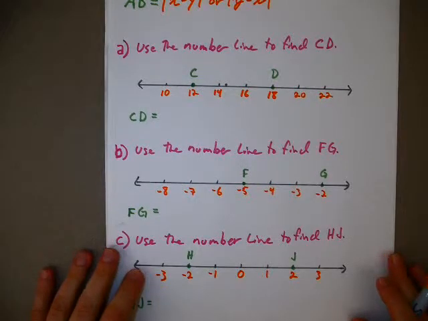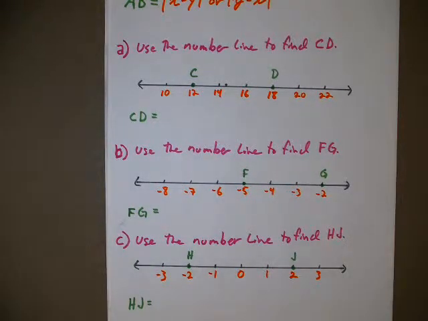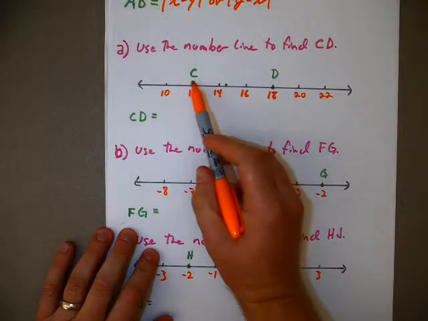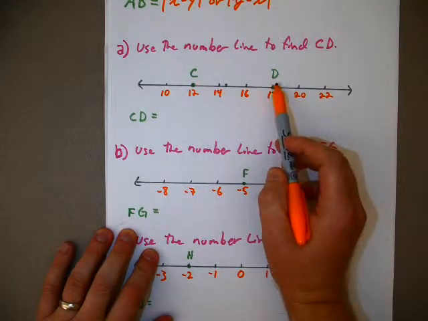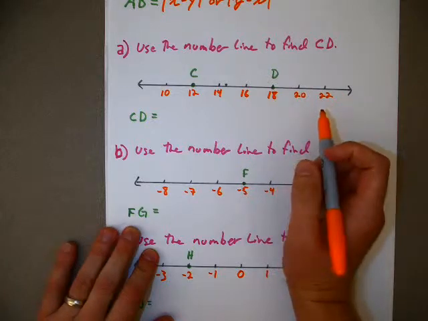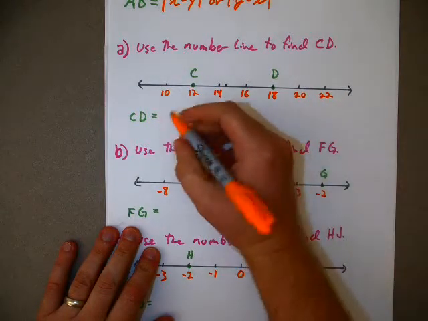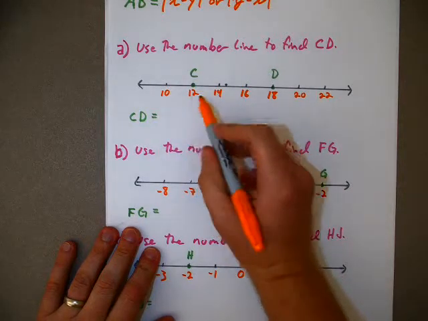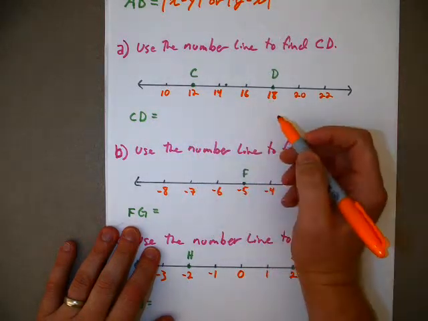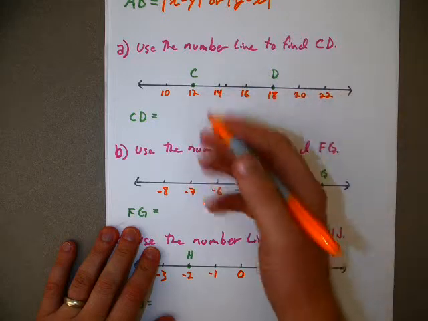Now example A here is pretty straightforward. We want to know what the distance between point C and point D is. And so what I'm going to do is just subtract. Now I could do 12 minus 18 and take the absolute value of that, but it's a little easier to go 18 minus 12.